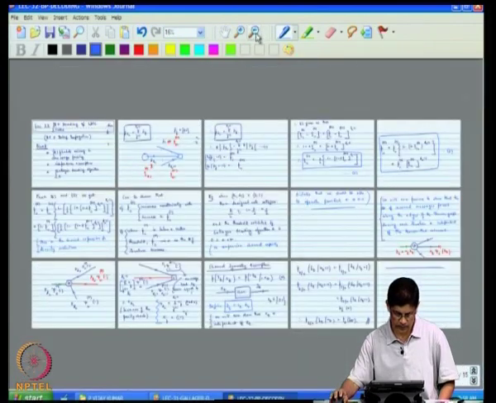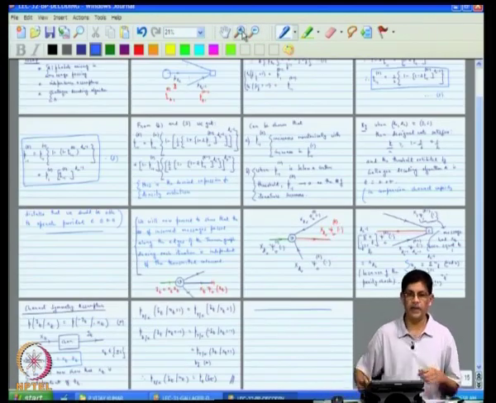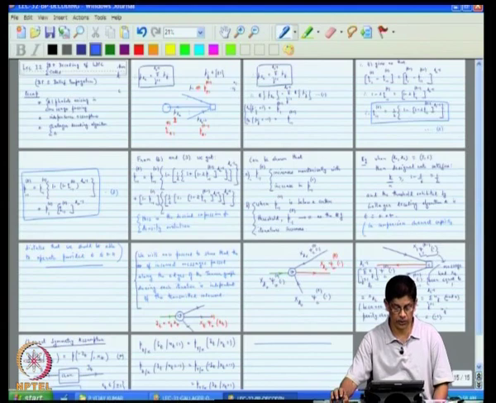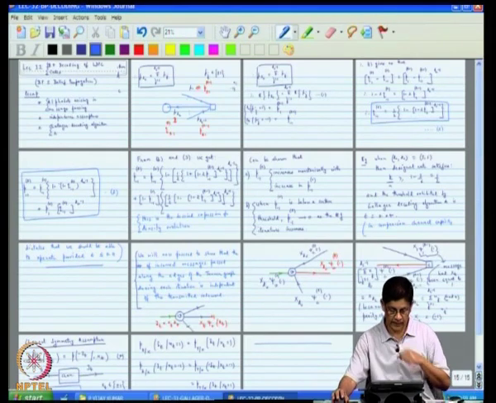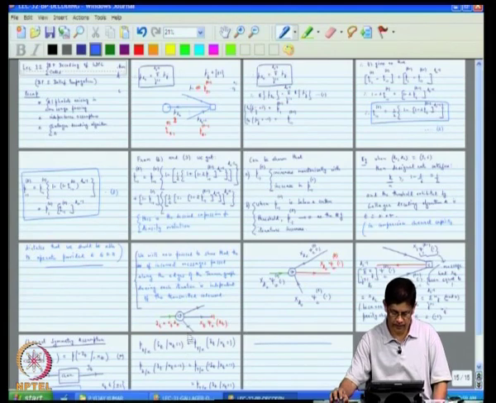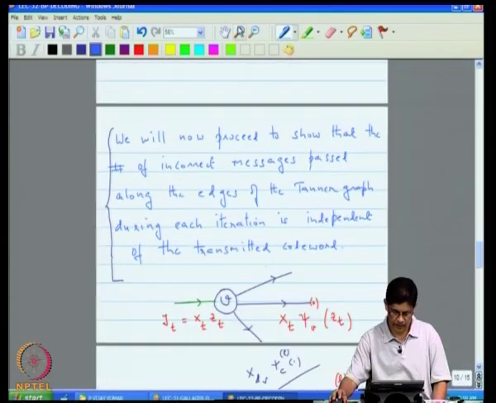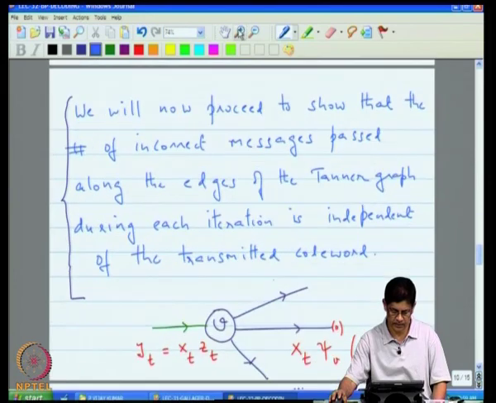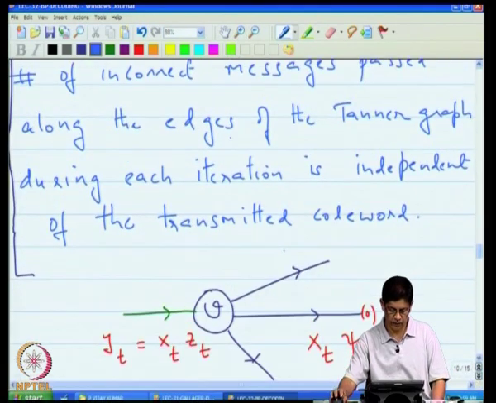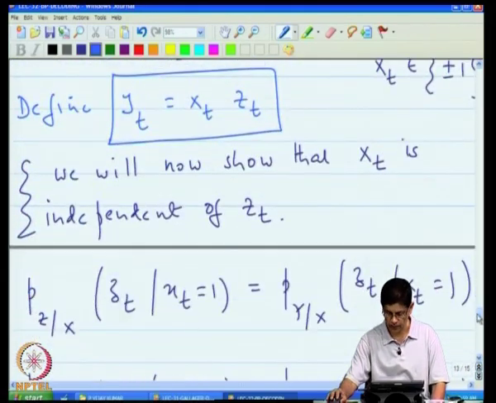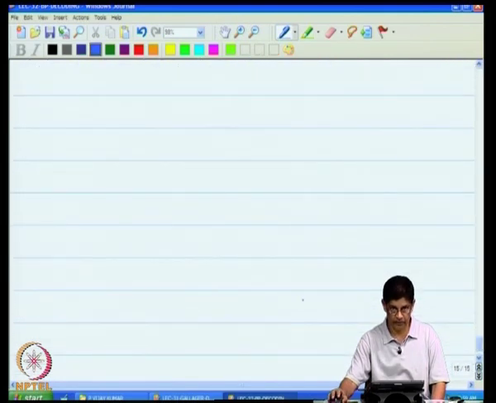Basically, I completed our computation of density evolution with respect to Gallagher decoding algorithm A. I tried to clarify a few things which I thought were not clear last time, and then we went ahead and proved the statement that I had made last time, that the number of incorrect messages is independent of the transmitted code word, and therefore you are free to assume in the analysis that the transmitted code word is all 1s. That fills a hole in our development of the theory from last time.